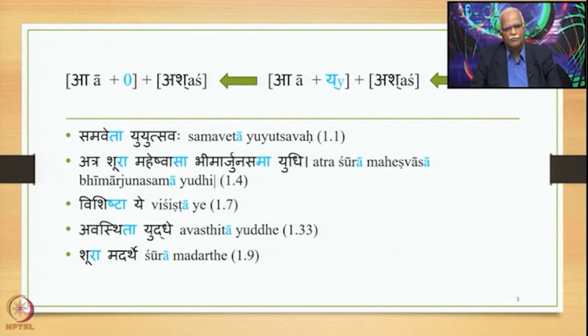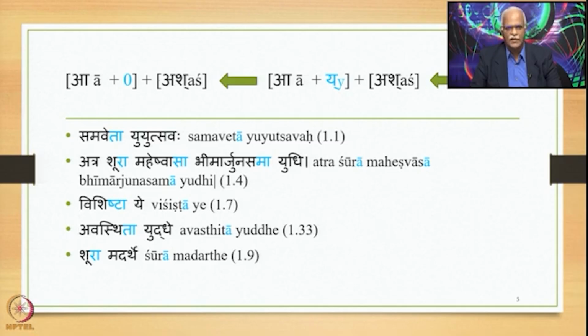Similarly, Atra Shura Maheshvasa Bhimarjuna Sama Yudhi. There are three cases in this one string. Shura is Shuraha, Maheshvasa is Maheshvasaha, Bhimarjuna Sama is Bhimarjuna Samaha.